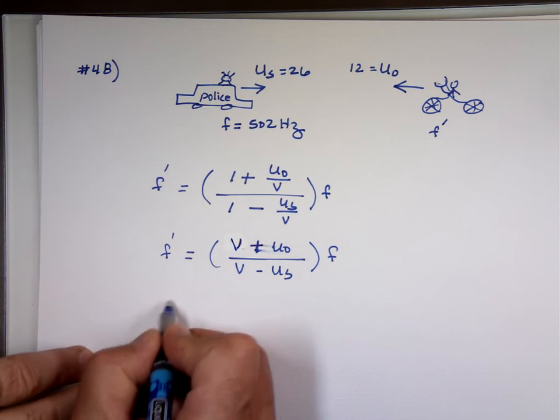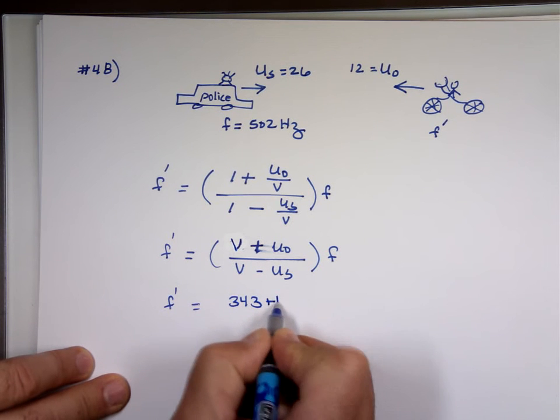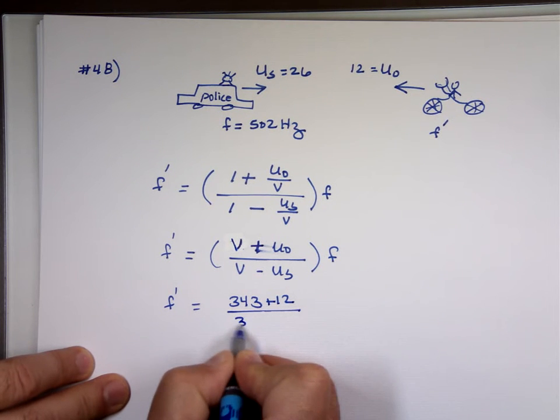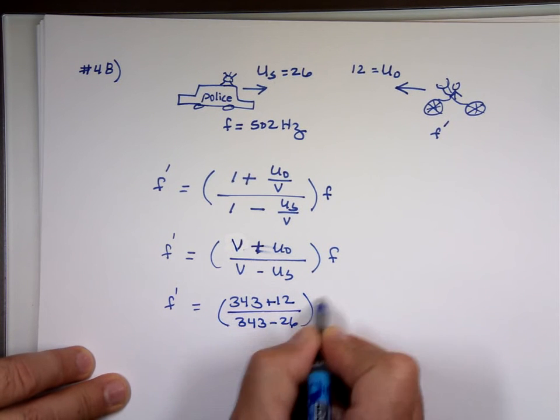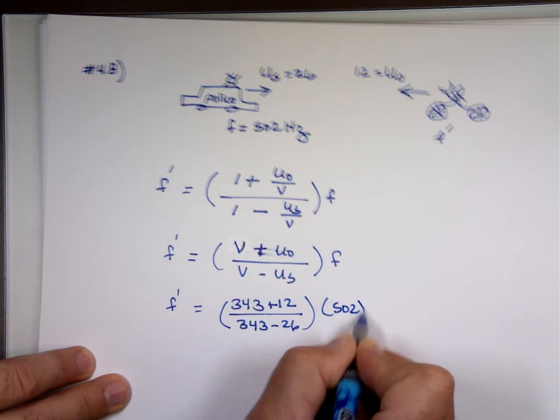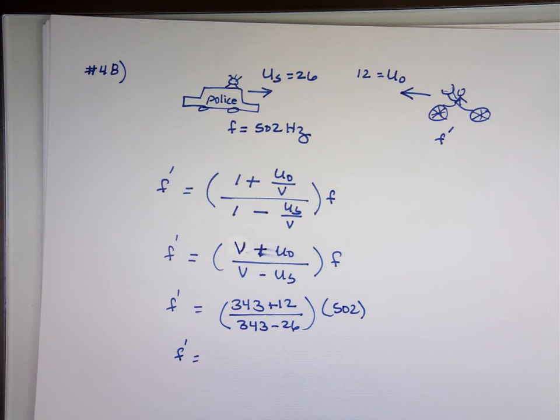343 plus the 12 over 343 minus the 26 times the 502. So 343 plus 12 divided by parentheses 343 minus 26 close parentheses, and you multiply that number by 502. 562.